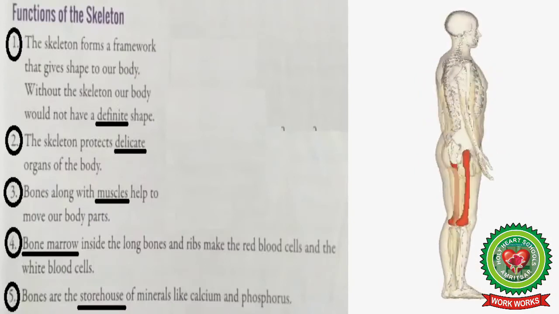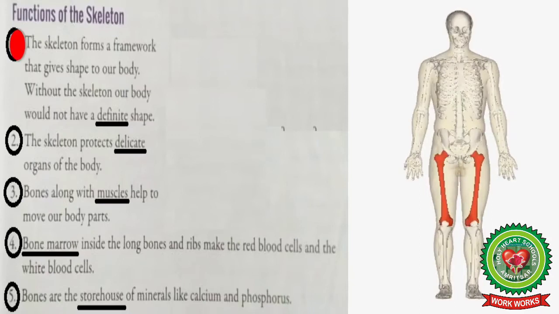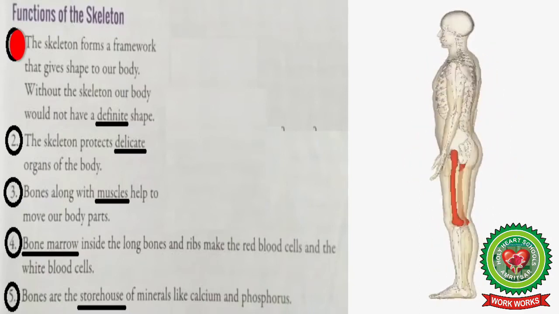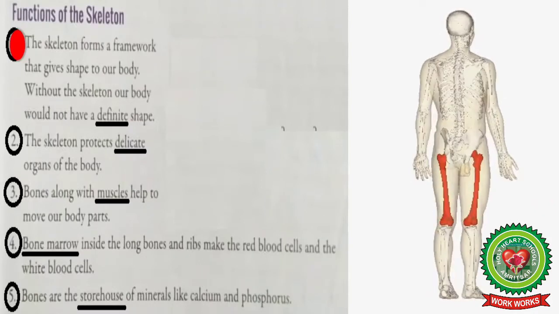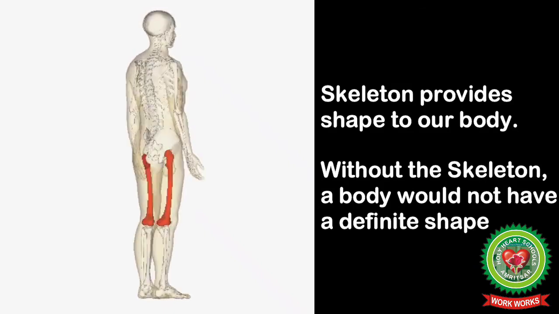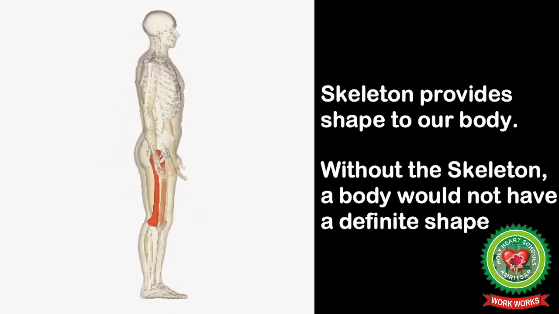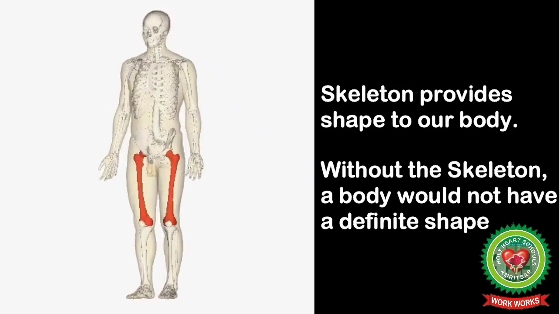Now let's discuss the functions of the skeleton system. Number 1, the skeleton system forms a framework of bones that gives shape to our body. That is, the skeleton provides shape to our body, and without the skeleton, our body would not have a definite shape.